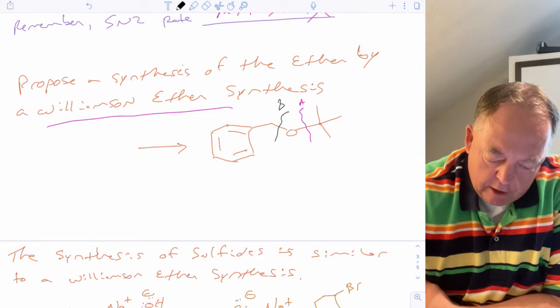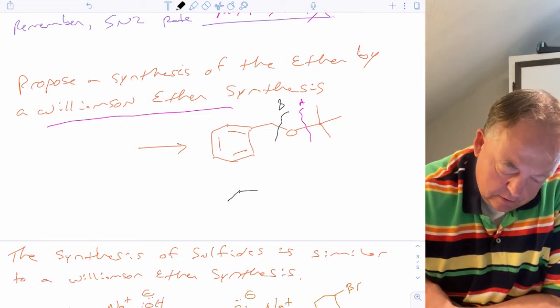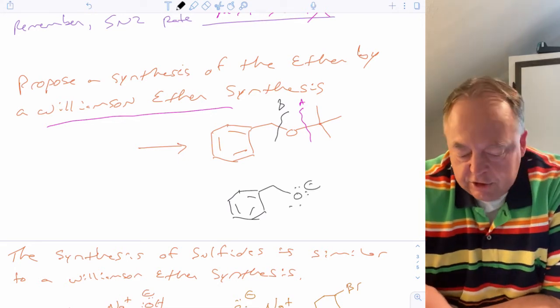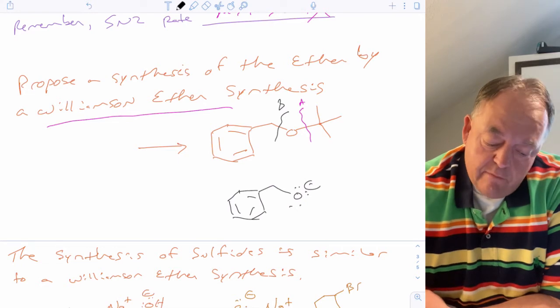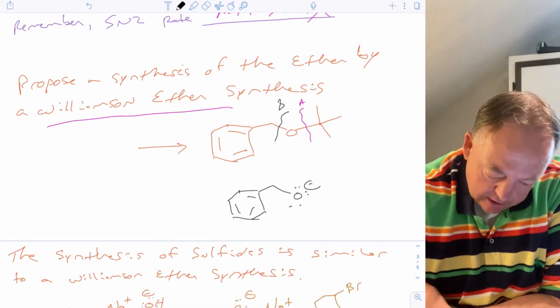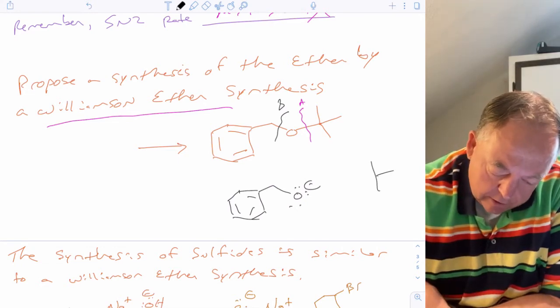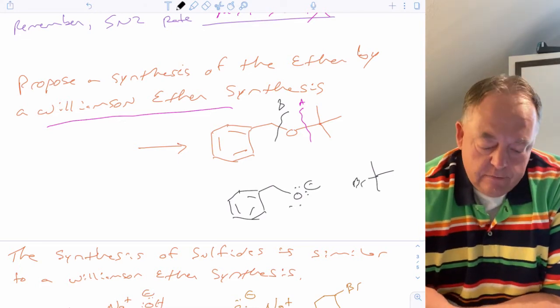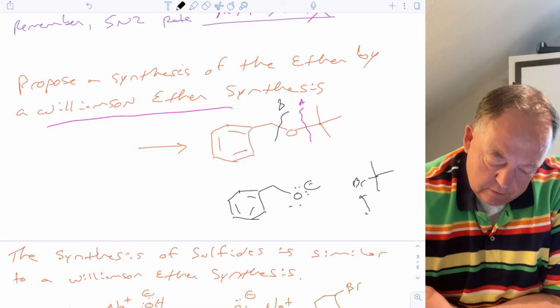So if we undid bond A, then oxygen would have been negative, so that would have been your alkoxide, and then your alkyl halide would have to be this piece, so you'd have to have a leaving group there, whatever the leaving group is.